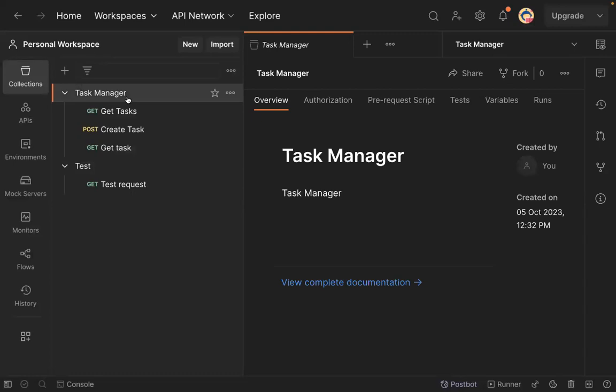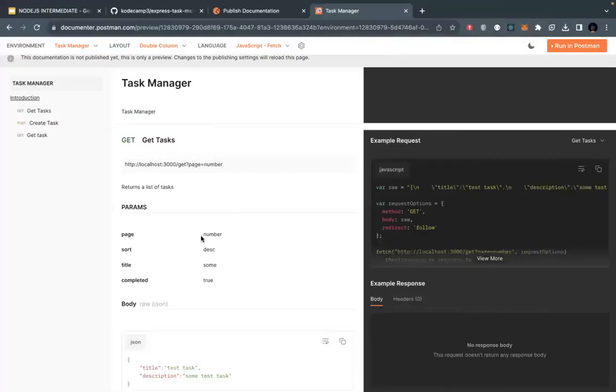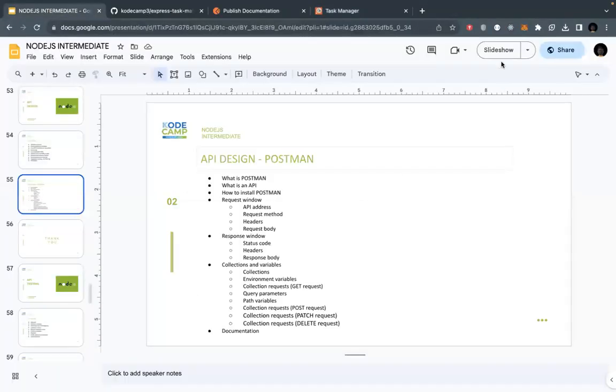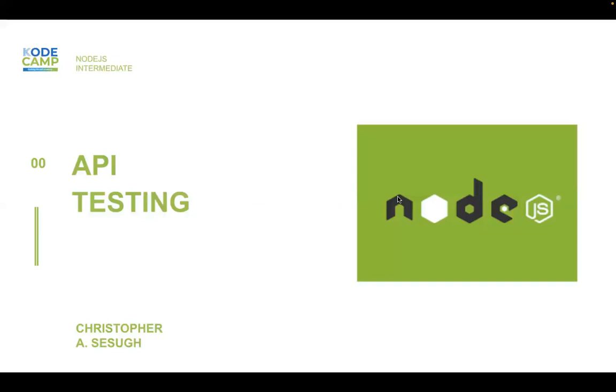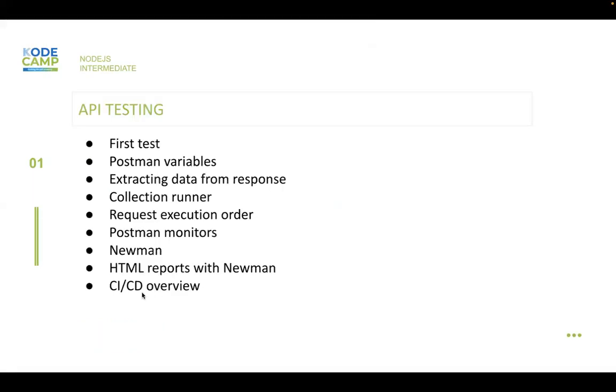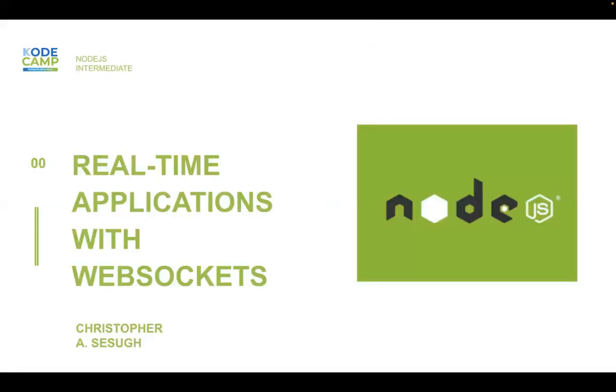And one thing we've not touched is API testing. But in our next class, we'll touch a little bit of API testing. We'll talk about all of this briefly, and then we'll move over to real-time application with WebSockets.